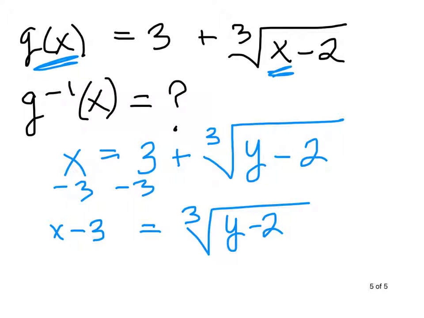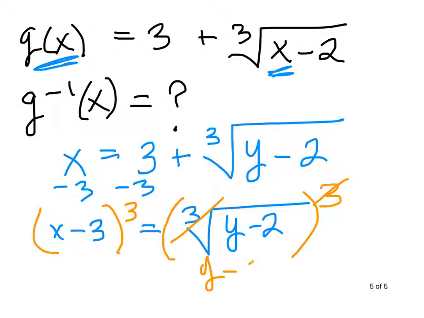And then we need to get rid of the cubed root. Do you know how to do that? Yeah, good. Yep, you cube it. Good. So then that's going to cancel. So we get y minus 2 is equal to x minus 3 cubed.